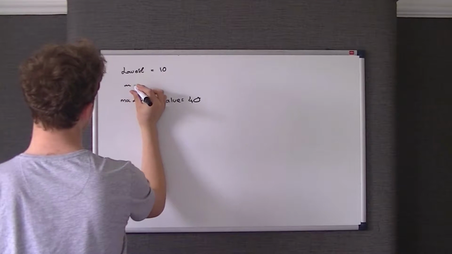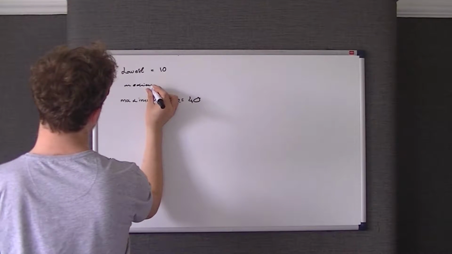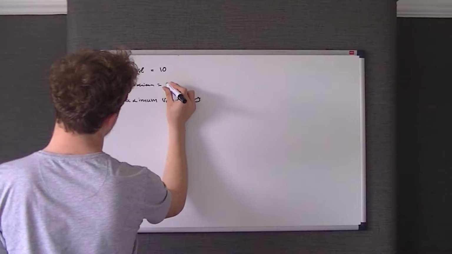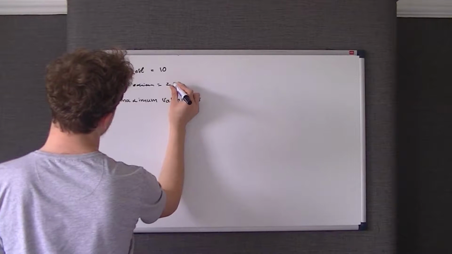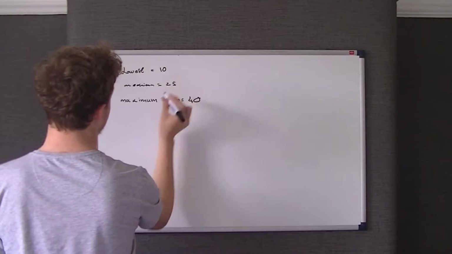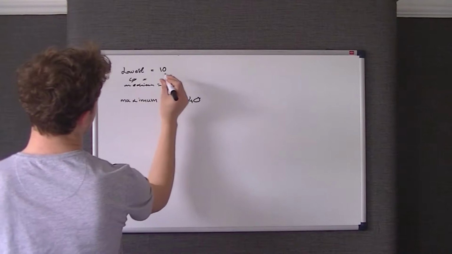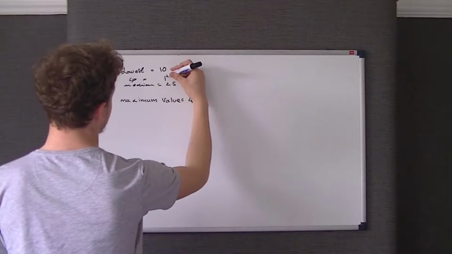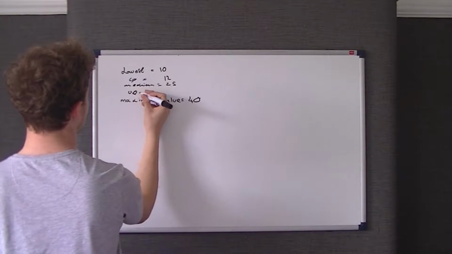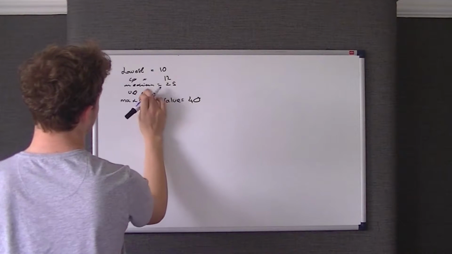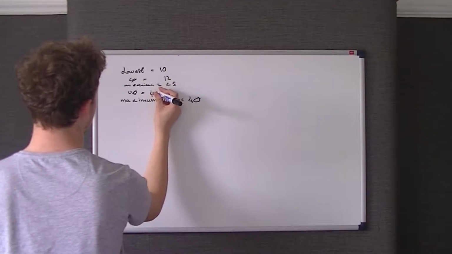So let's say the median of the set of data was 25, and then let's say the lower quartile was 12, and the upper quartile was 42.